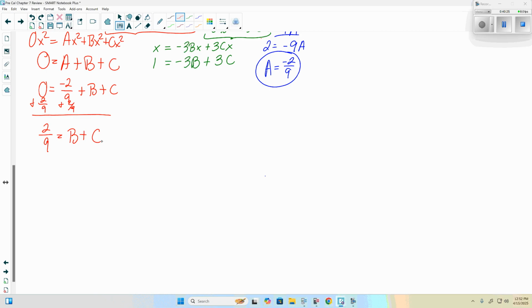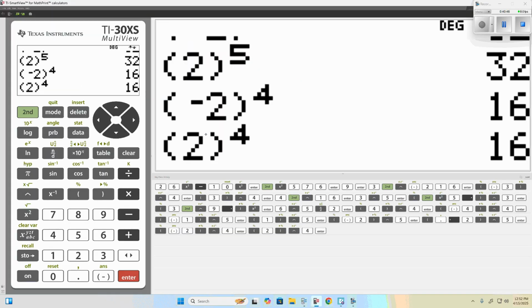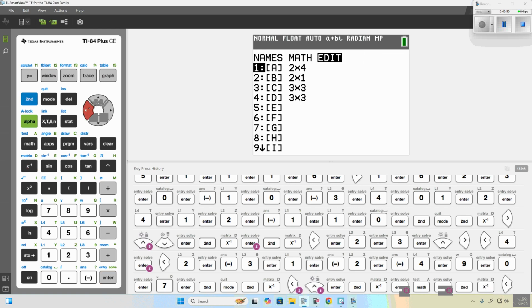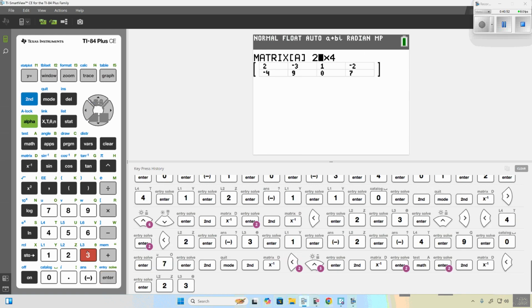Now we can solve this by hand, or, well, I do have a systems of equations, so we can use matrices to solve this. 3, negative 3, 3, 1, 1, 1, 2 ninths. Wrong calculator. Not 23. 2 by 3.